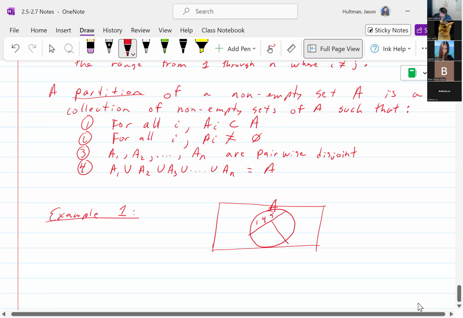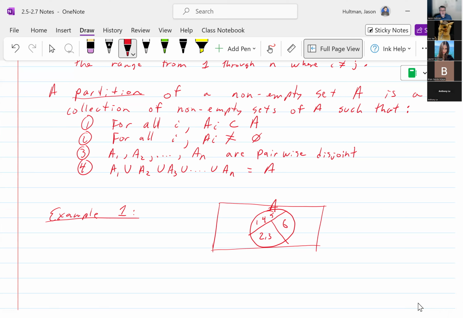This partition down here is elements 2 and 3, and this partition down here is element 6. And no element is in 2 partitions. That's the whole idea, that we are partitioning this.